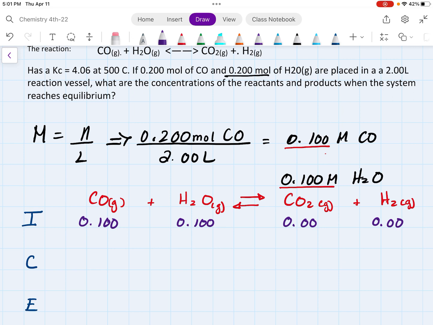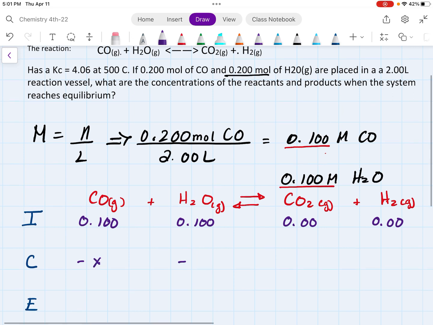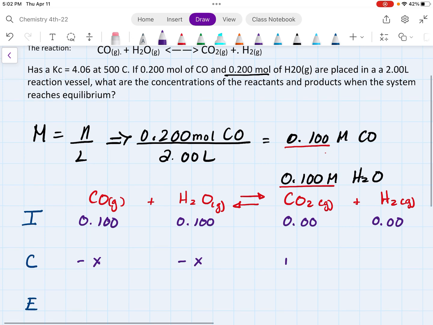Because we don't know the change, we're going to use minus x for the reactants, and plus x for the products because they're forming. Keep in mind that all of this is a 1-to-1 ratio. That's why you only have a 1x across the board here.